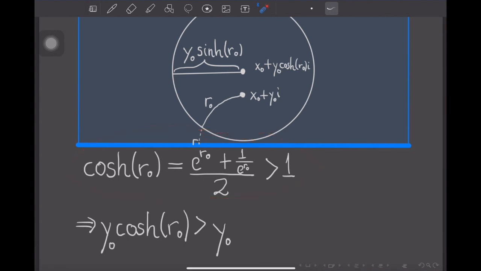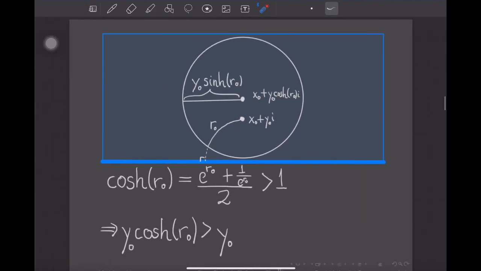And so this means that the Euclidean center always lies above the hyperbolic center. So what you are seeing here always happens: the Euclidean center lies above. How far above?